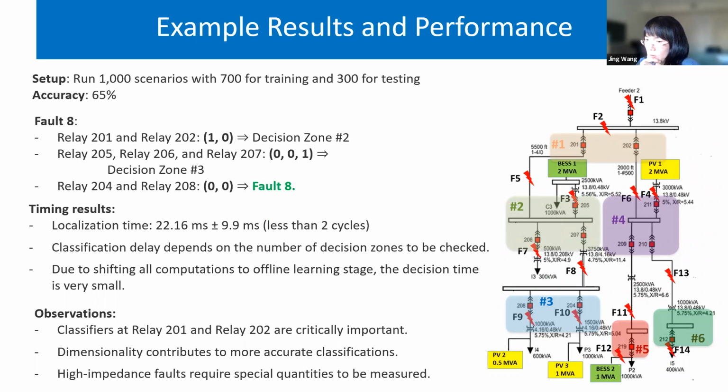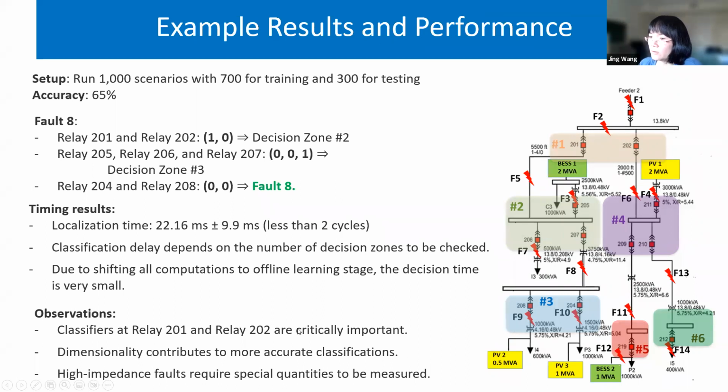And we observe that relays 201 and 202 are very important. If we improve the accuracy of these 2 relays, the overall relay protection accuracy will improve significantly. Also, the fault signature dimensionality contributes to more accurate classification.